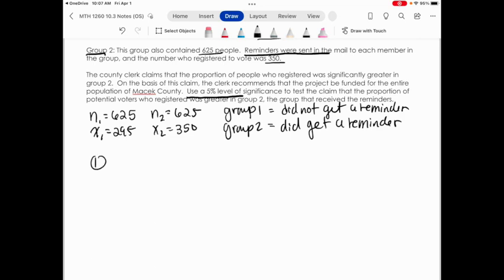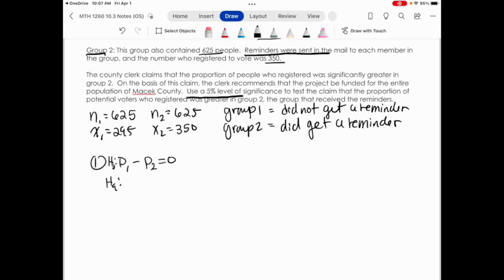When we set up our null and the alternative hypothesis, we're going to get p1 minus p2 is equal to 0 for the null. Now, for the alternative, we're looking to see if the number of people who registered to vote was greater in group 2.